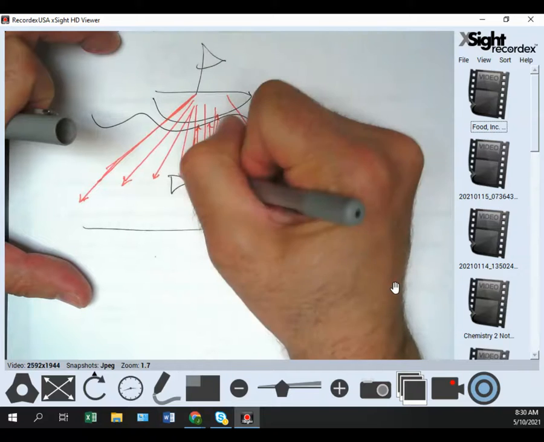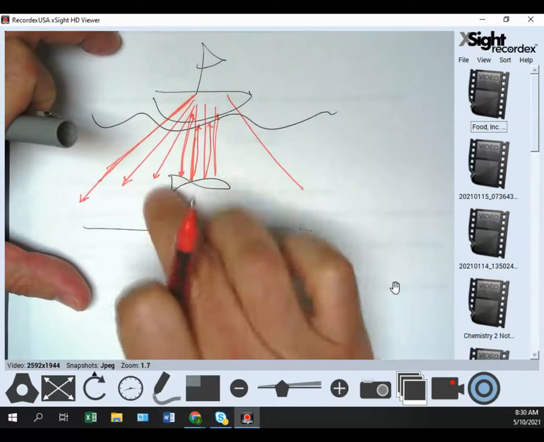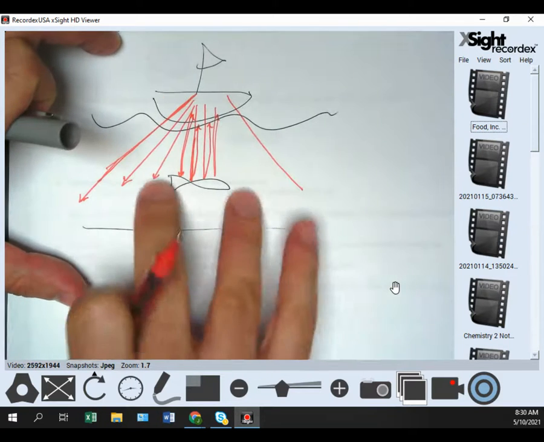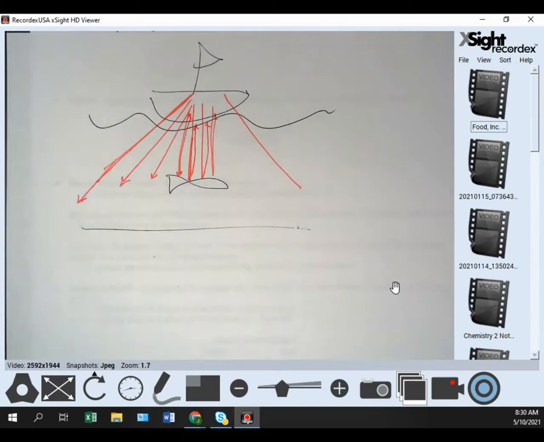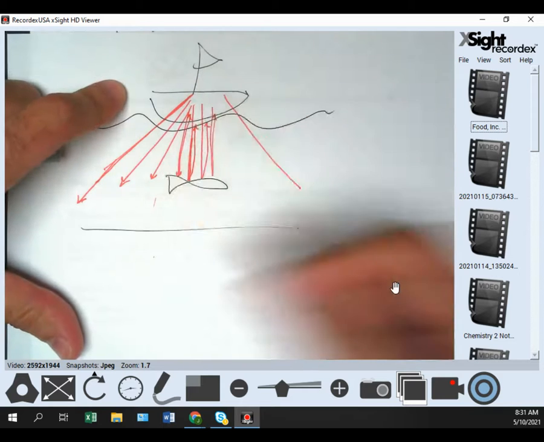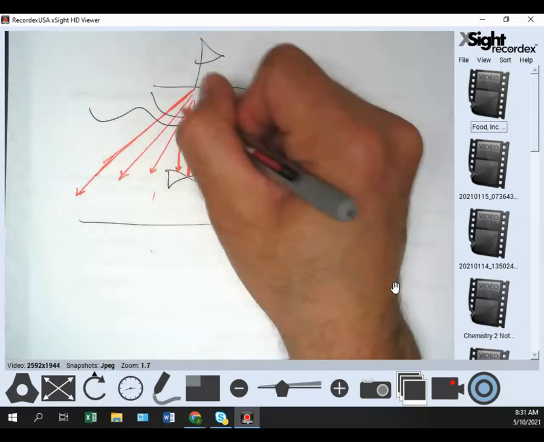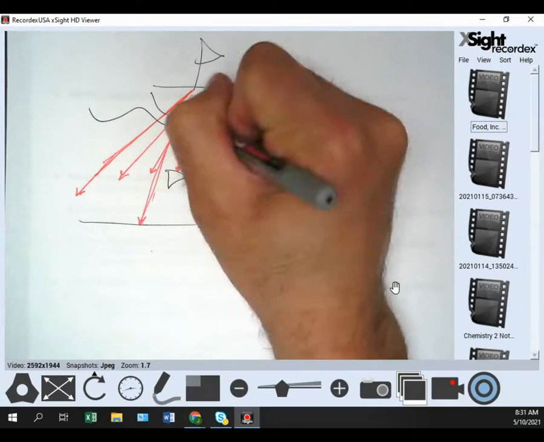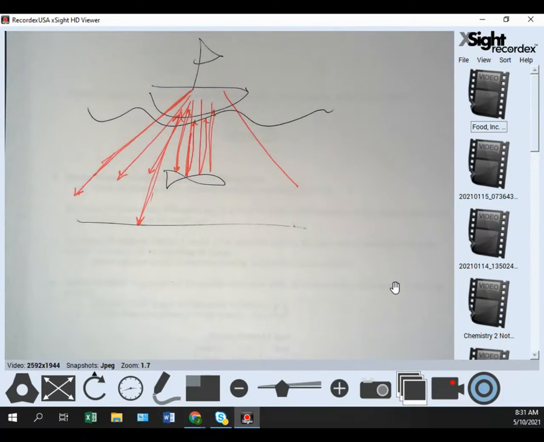When you get all of these signals coming back, you can get the depth and the shape from how long the other signals take to hit and bounce back. So that's another way of observing something.